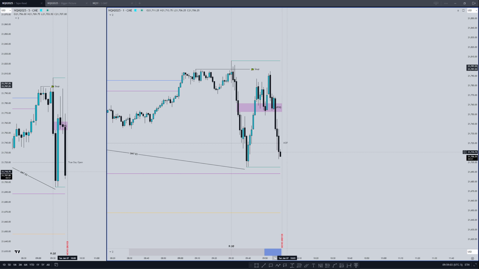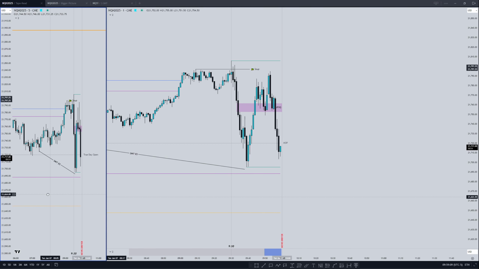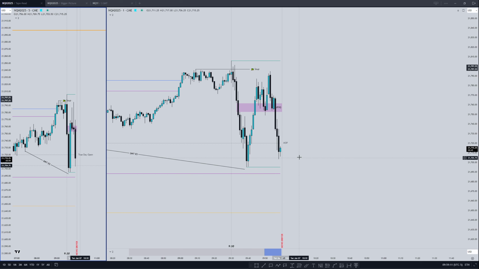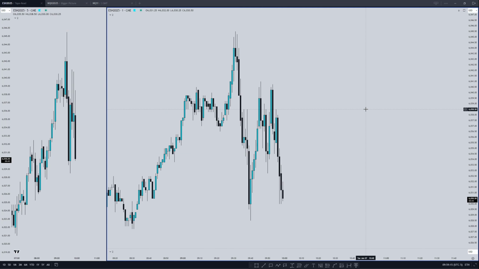So we're just going to wait. Sloppy PA. Even on ES, it's not super clean. It's a little bit better here because you actually have a gap up there. Like you see on the 5-minute, there's no SIBI on that dealing range between the 9:30 high and the 9:40 low.